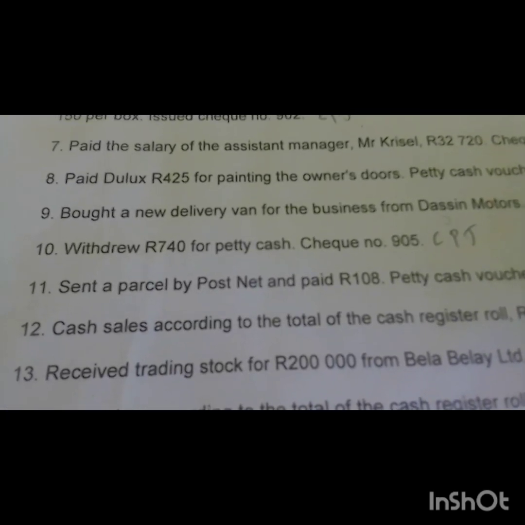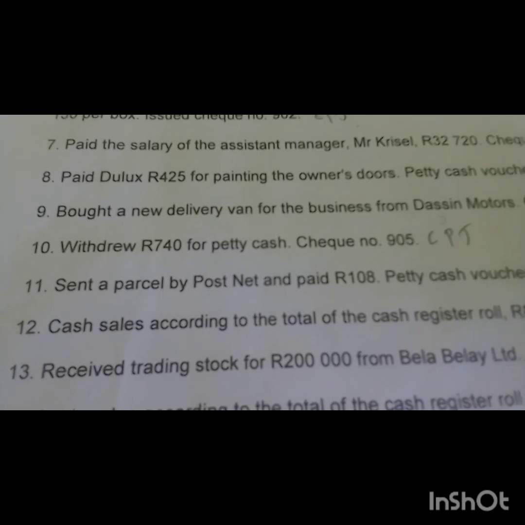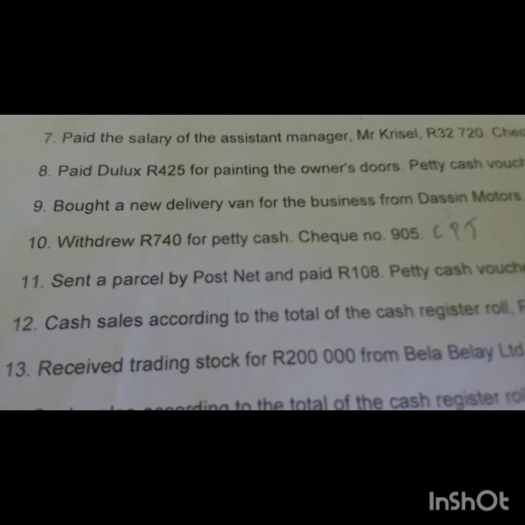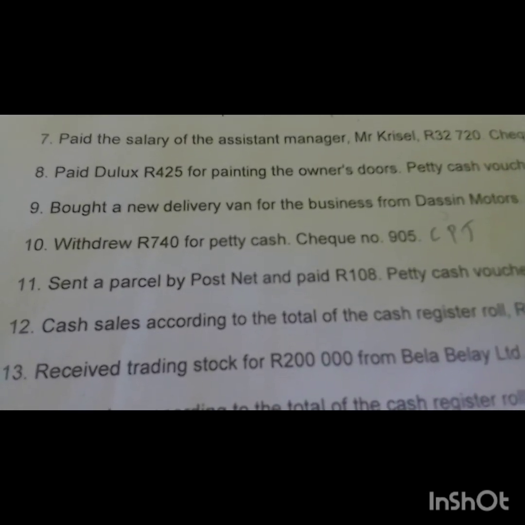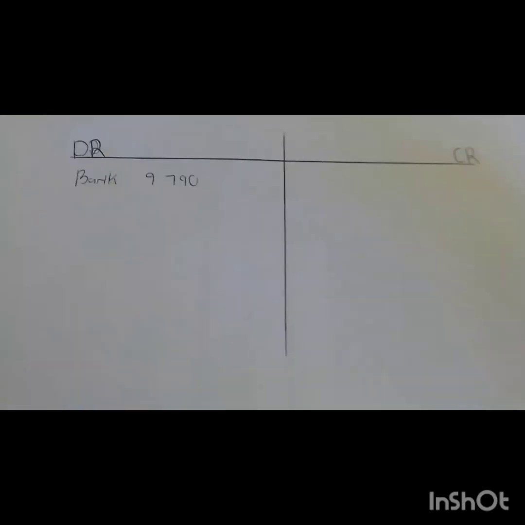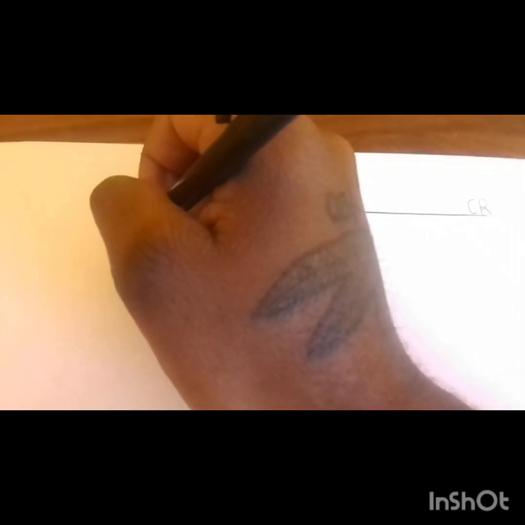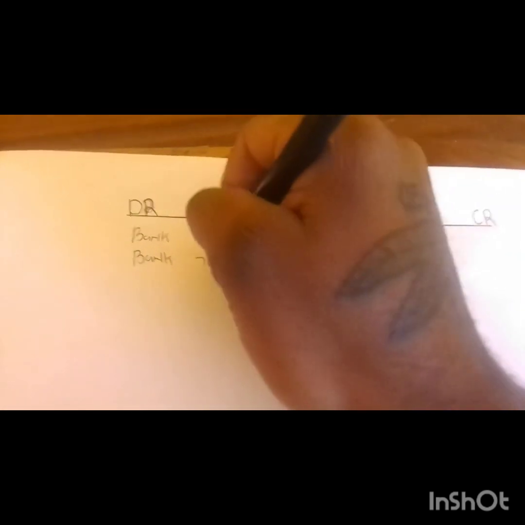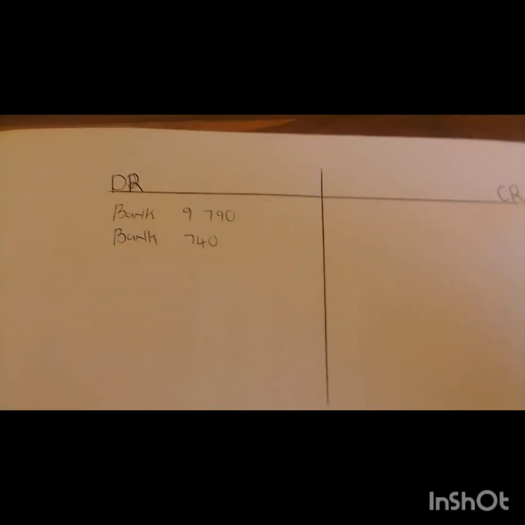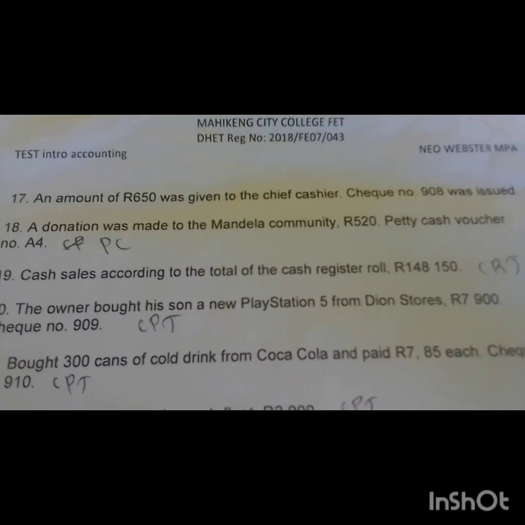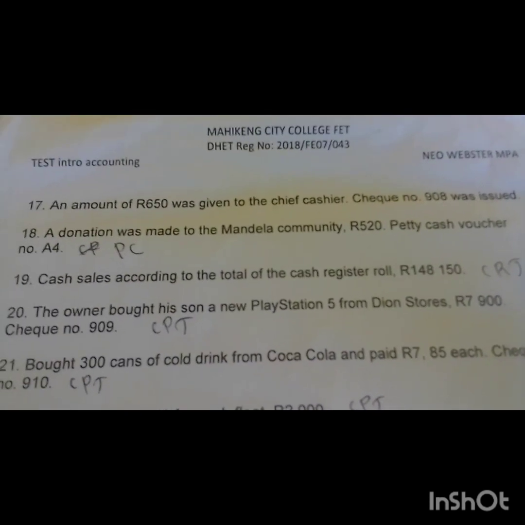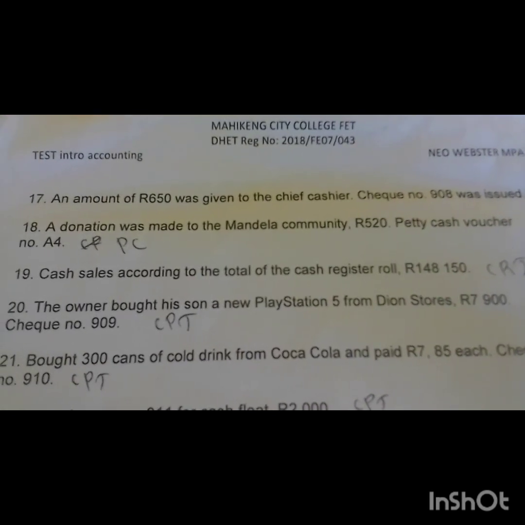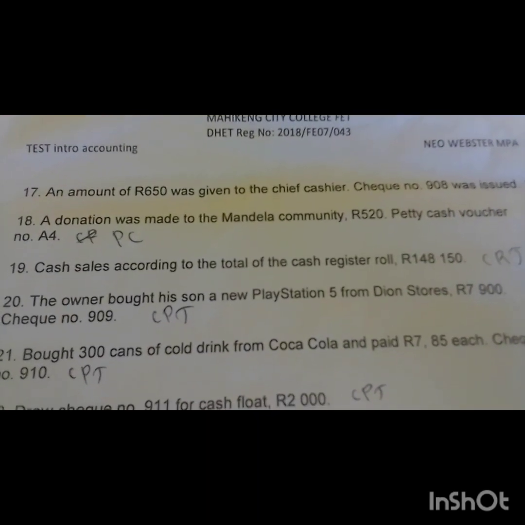Number 10, withdrew 740 for petty cash. We record that on the general ledger on the debit side. You're going to write bank and the amount, which is 740. Number 17, an amount of 650 was given to the chief cashier.